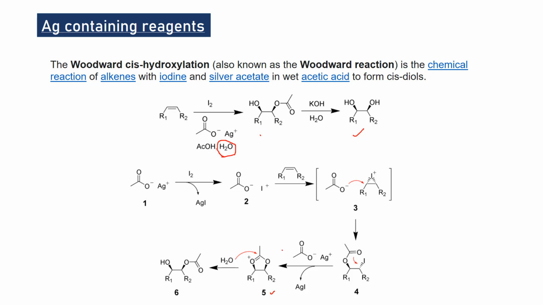In this case, instead of this benzoate anion, the OH will attack this carbonate species and it will open up and form this type of monohydroxylated compound. After that, if you perform the hydrolysis of this one, it will hydrolyze the other ester and we will get a cis-diol.